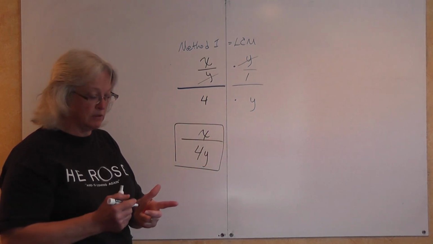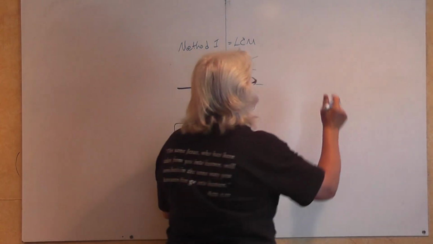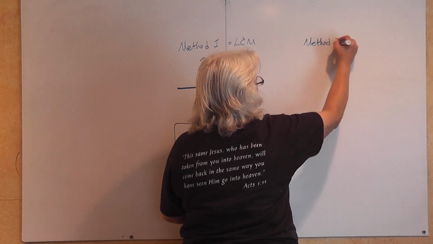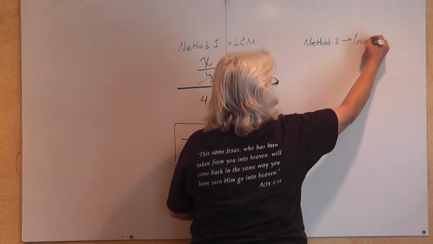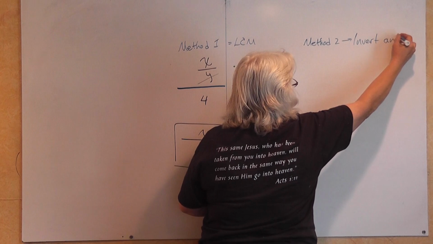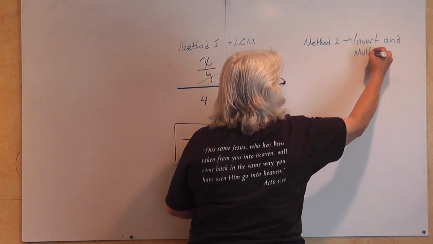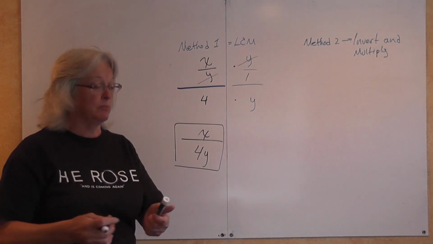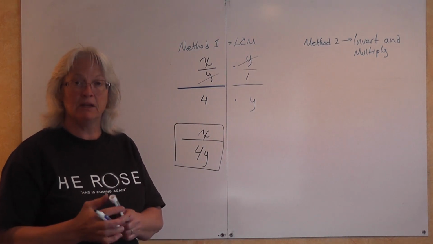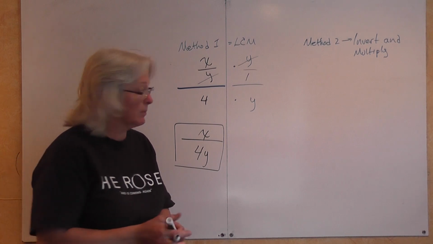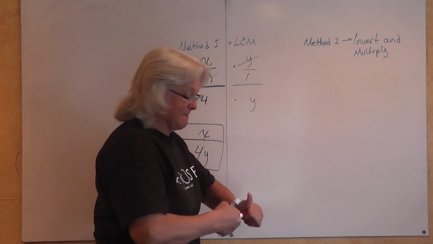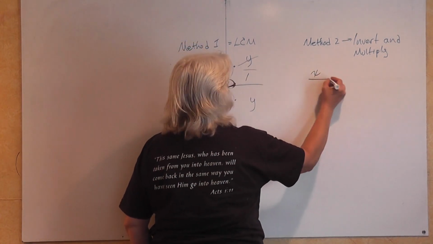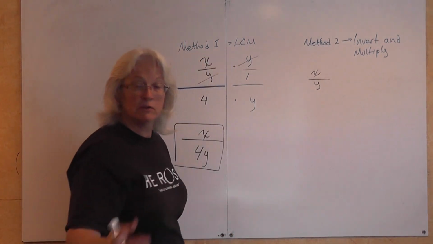Now let me show you the second method. This is method 2, and this is invert and multiply. I'm going to be writing down every step that I'm doing here so that you see that this is very, very straightforward. We have x over y, all of this divided by 4.